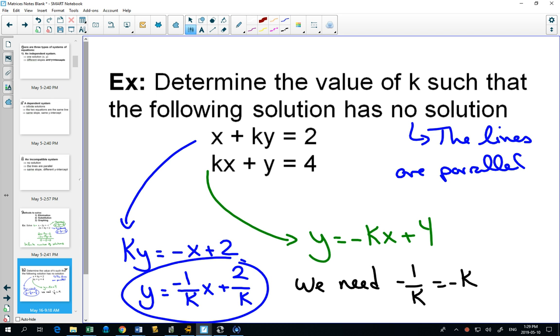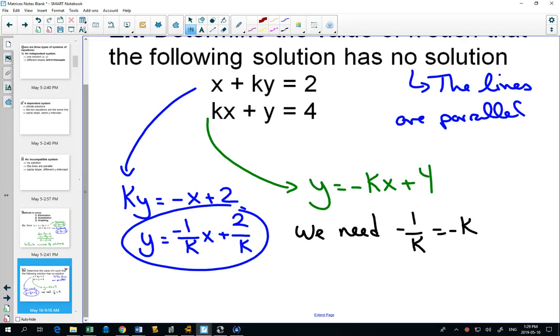And we take this equation and solve it. Multiplying both sides by a negative k would give me 1 is equal to k squared, which would tell me that k is equal to plus or minus 1.